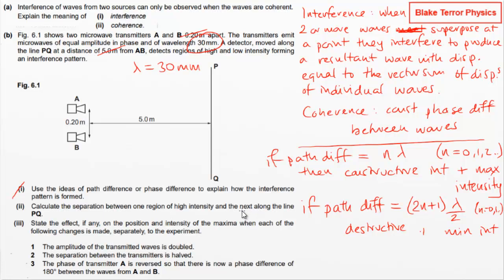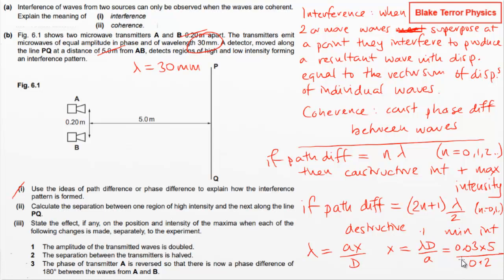Good. Calculate the separation between one region of high intensity and the next along the line. Right, so this is using our usual ax over D thing. So we want to get x, which is going to be lambda D over a. Lambda, they told us, was 30 millimeters, so 0.03. D is 5. A is 0.2.